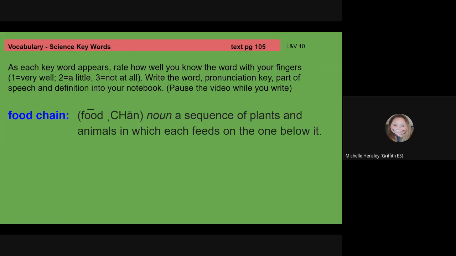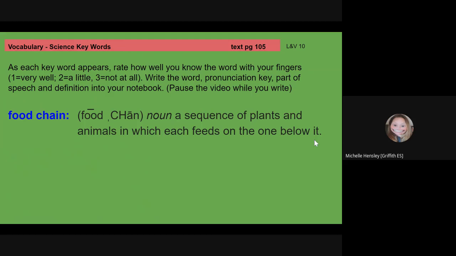That means that he likes to eat plants and animals. And so if we wanted to look at a food chain, if he ate a steak, beef steak is made from cow. So my dad would be at the top of the food chain and he would eat the cow, and the cow would eat the grass. And the grass gets its nutrients from the soil and the water and the air.